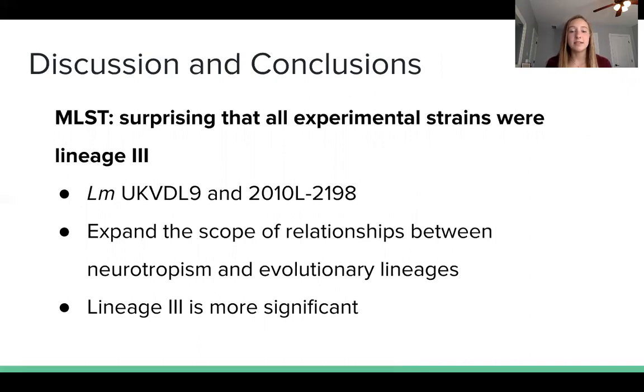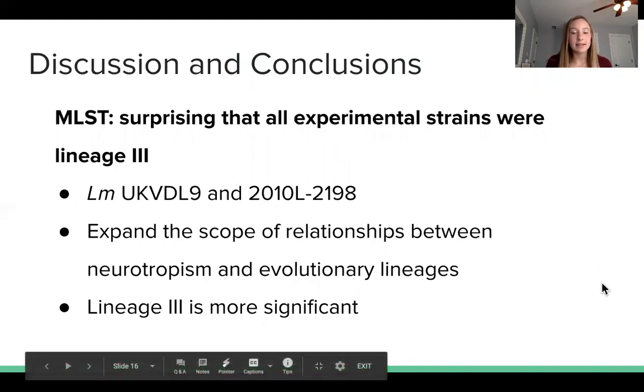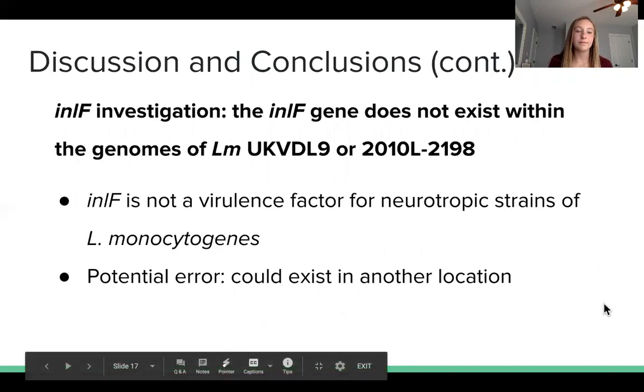This really expands the scope of the relationships between lineages and neurotropism, and I think that now that there's 2 lineage 3 strains that were neurotropic, there's a lot more room for performing research on that relationship between neurotropism and lineages. And I think it also expands that significance of lineage 3 strains, and so hopefully in the future a lot more research will be done on those to analyze them a little bit more thoroughly.